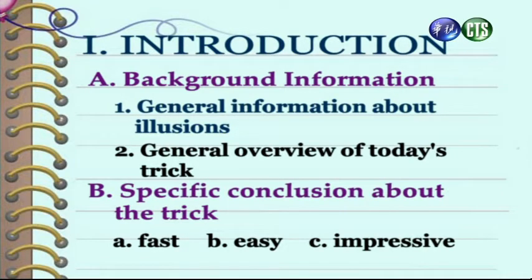And so now on the screen you can see our completed outline of the introduction. And with that completed outline, it's much easier to write the rest of your essay.